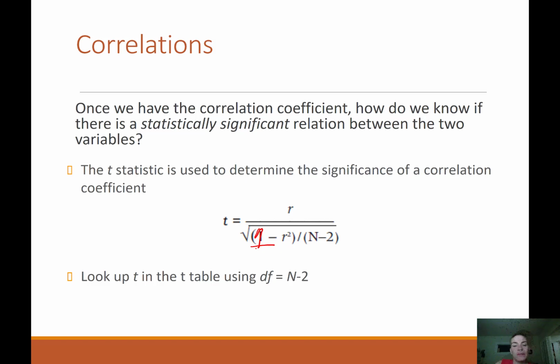Okay, so if you plug those values into this formula, you'll get a t-statistic that falls on the t-distribution, and you could compare that to a critical cutoff value that you find in the t-table using degrees of freedom equal to n-2 for a correlation test.